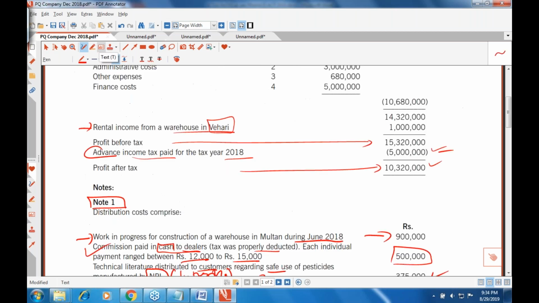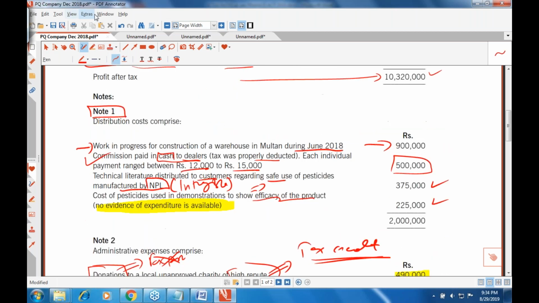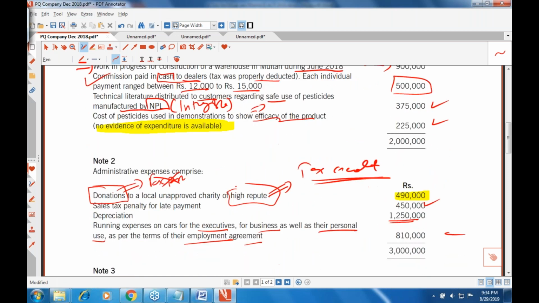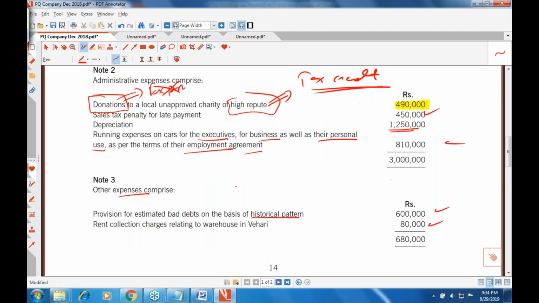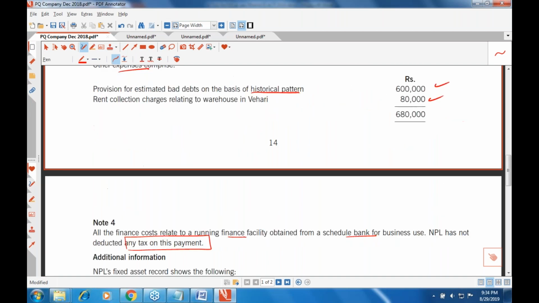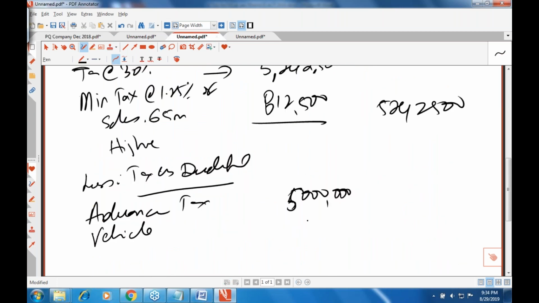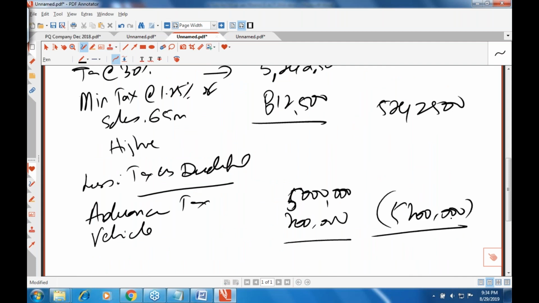Then there was also some payment of tax on the purchase of vehicle, which was 200,000. So it's actually 5.2 million.